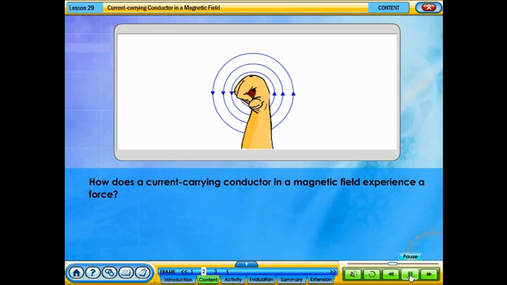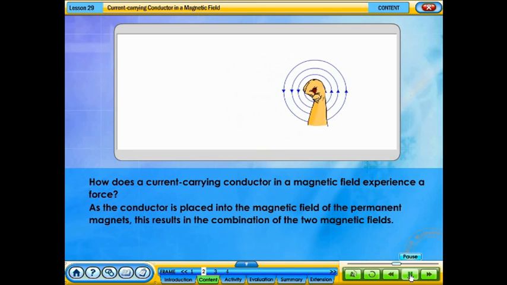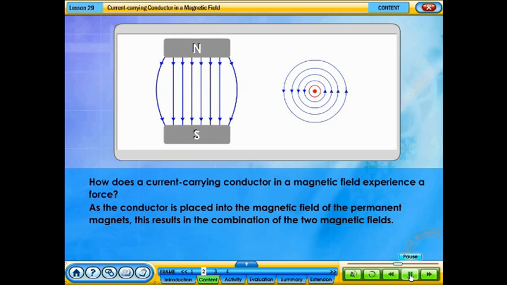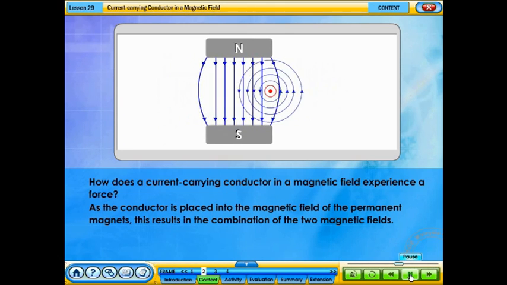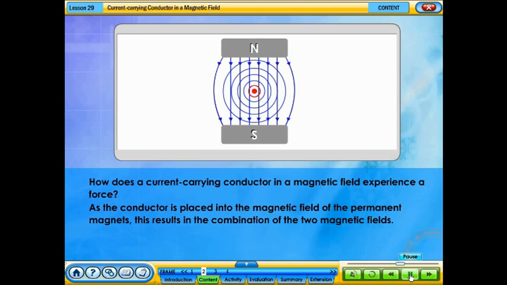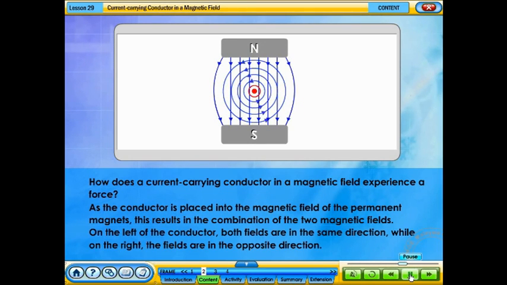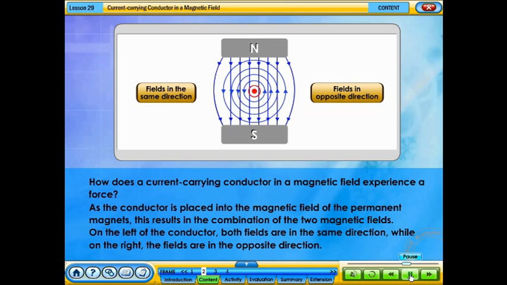How does a current-carrying conductor in a magnetic field experience a force? As the conductor is placed into the magnetic field of the permanent magnets, this results in the combination of the two magnetic fields. On the left of the conductor, both fields are in the same direction, while on the right, the fields are in the opposite direction.